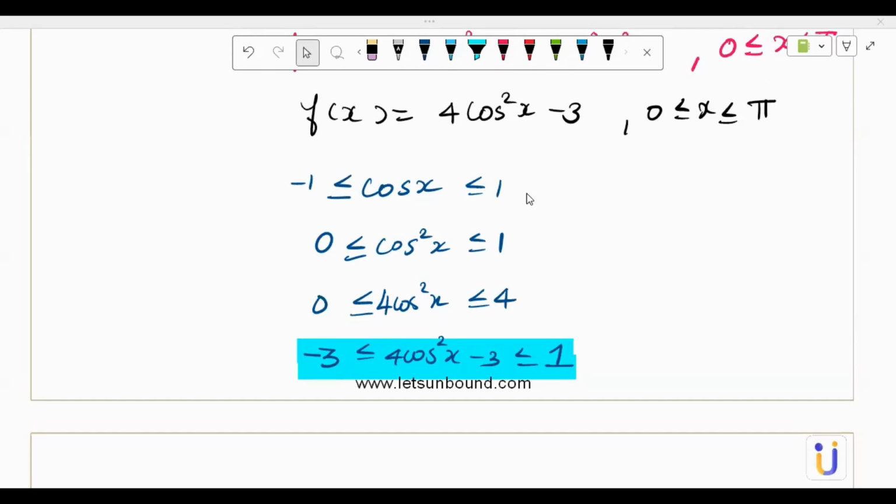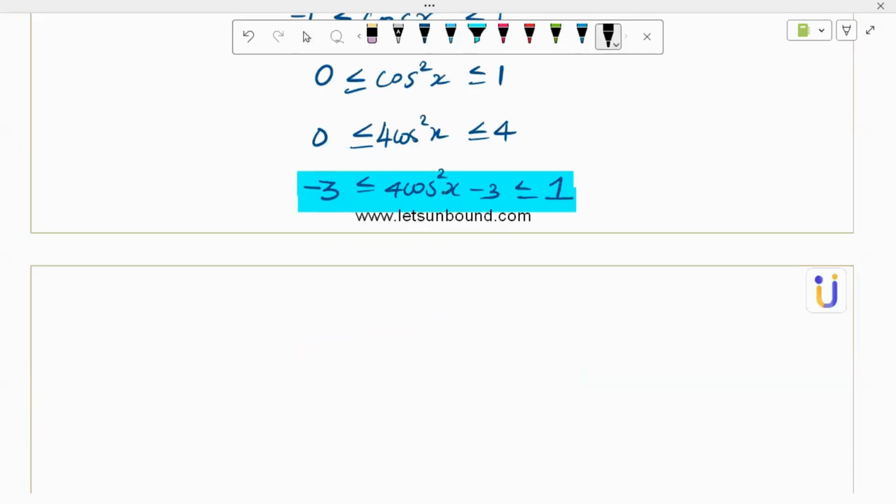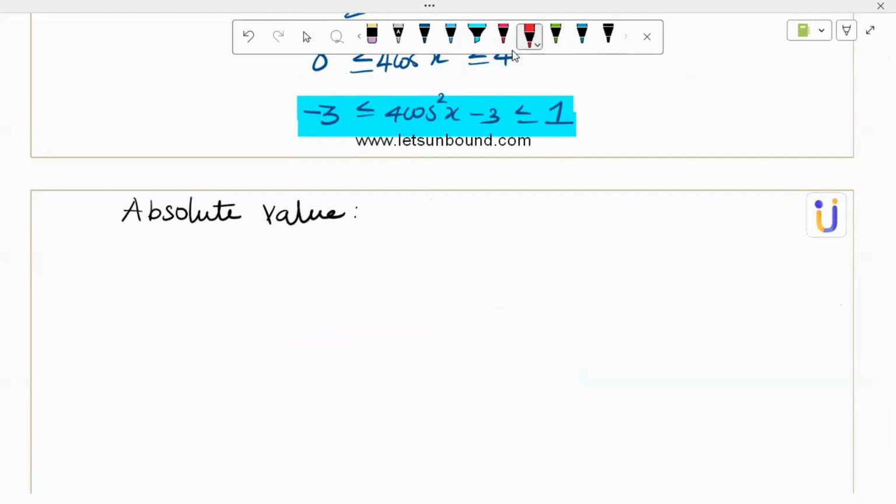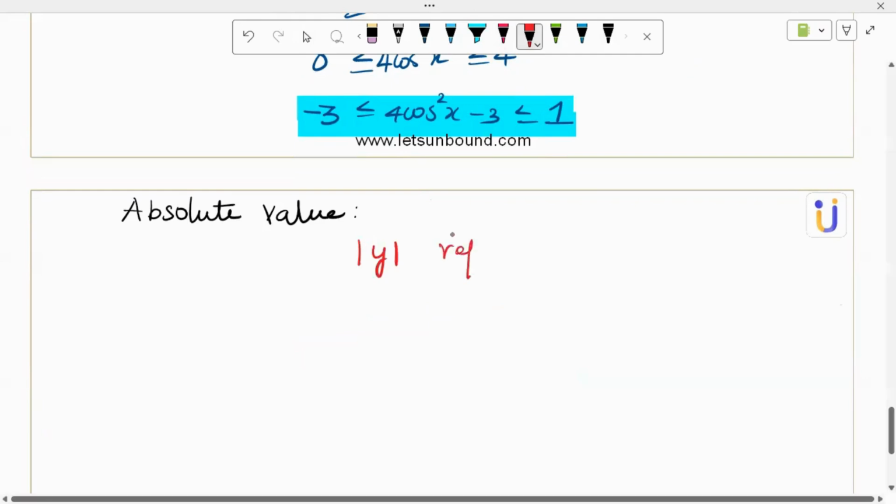Okay. Now, apply the absolute value. This is for f of x, but what if it's my absolute value function? This is important. If y is equal to f of x, what is the work of mod y? Mod y reflects any negative part.